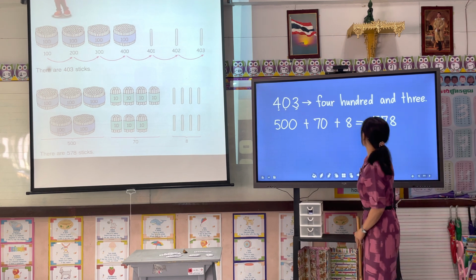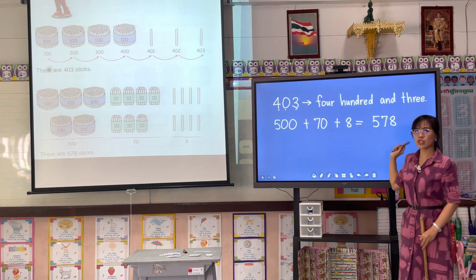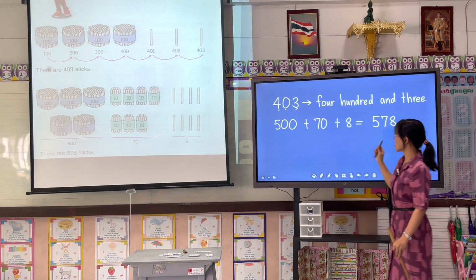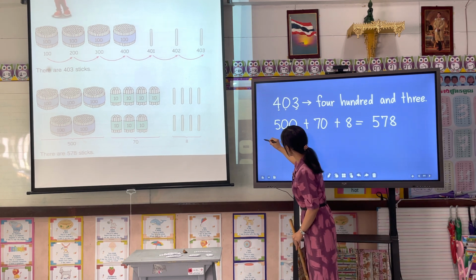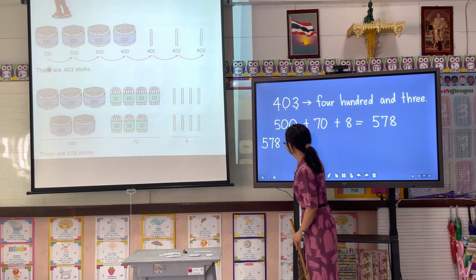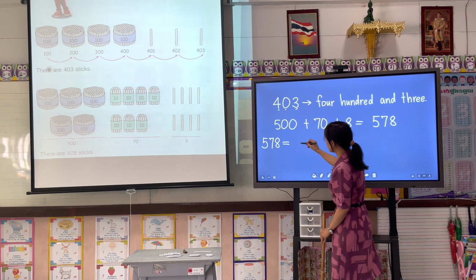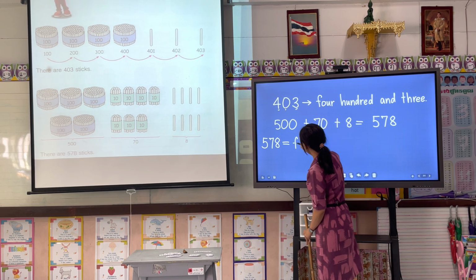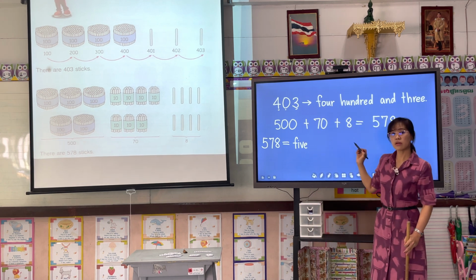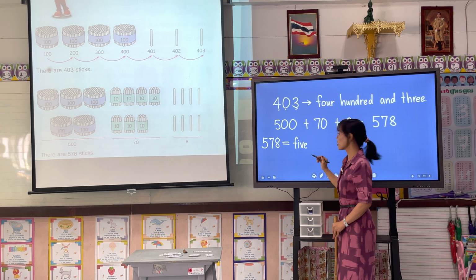Alright? Next, what about the English word for this number, 578? Alright? So 578 is written as 5, F-I-V-E. Make sure when you write your English word, please check your spelling.